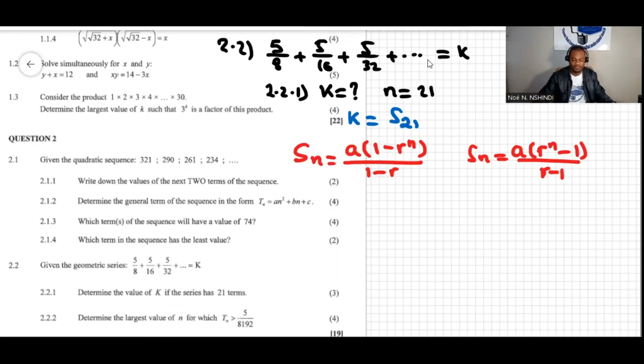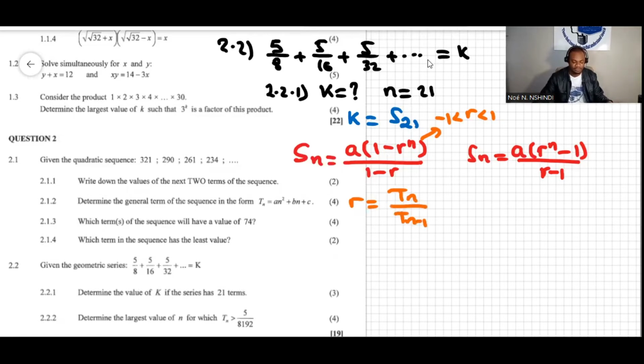Now I prefer to use this one when r is between -1 and 1. Okay, and let's just find the value of r. You know that r is given by Tn over Tn minus 1. So it's a term over the previous term.